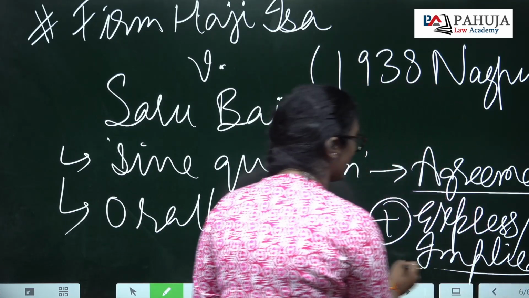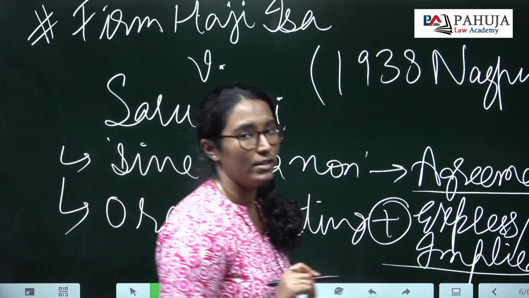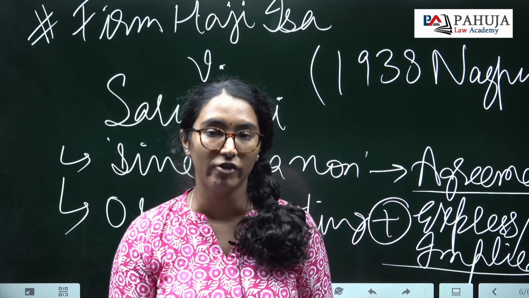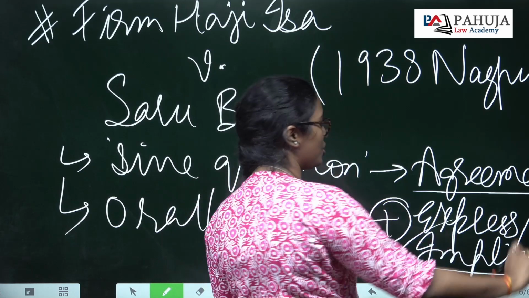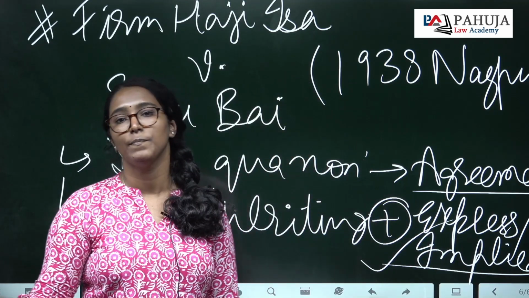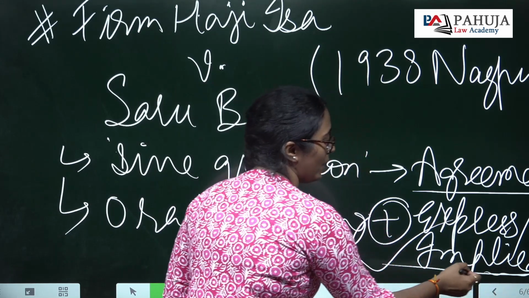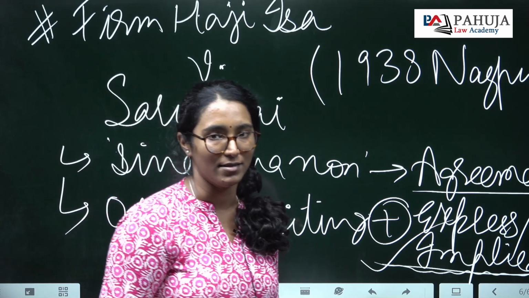If they are not saying anything by words and their conduct is such that third persons feel that they are in a relationship of partnership with each other, then that will be considered a partnership because of their implied consent, implied agreement to be partners.